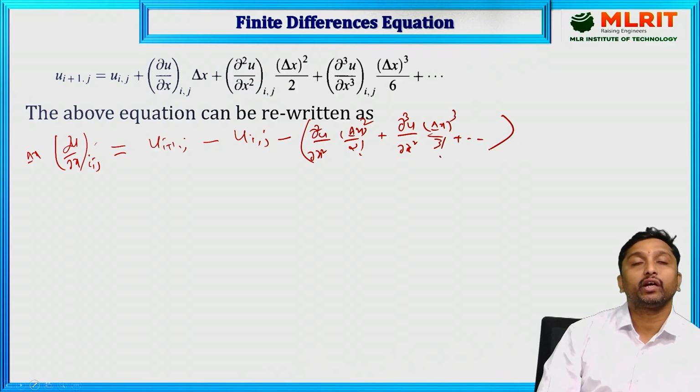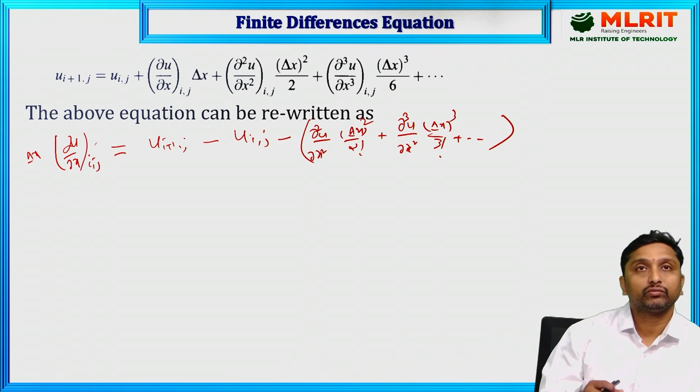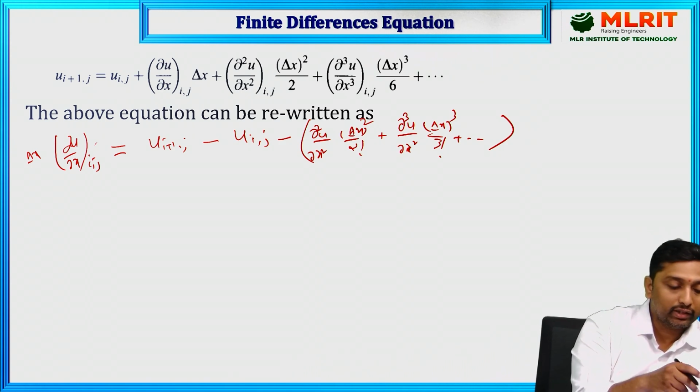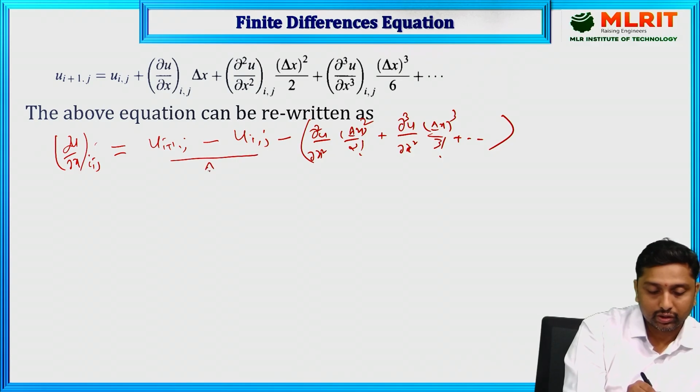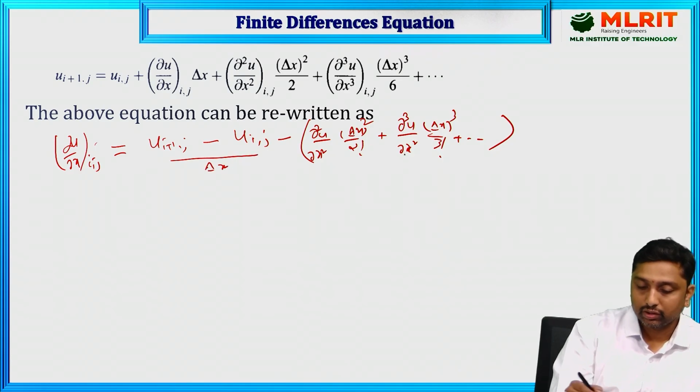This is okay, I can write the equation. Now if I rewrite this, I can divide throughout by delta x, that is, multiply by 1 by delta x.